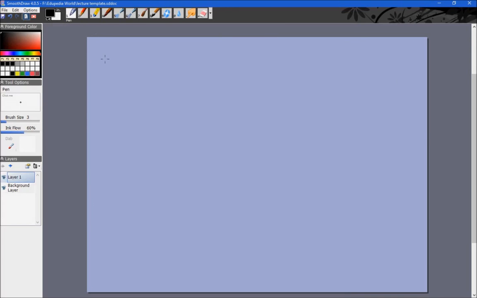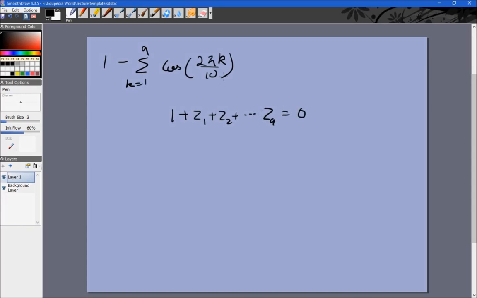So S is 1 minus summation k equal to 1 to 9 of cos of 2 pi k by 10. We already know 1 plus Z1 plus Z2 plus dot dot dot till Z9 has to be equal to 0. These are the 10th roots of unity, just like 1 plus omega plus omega square is 0.